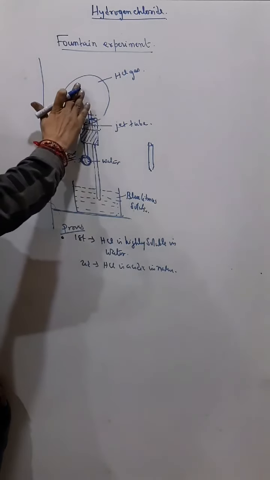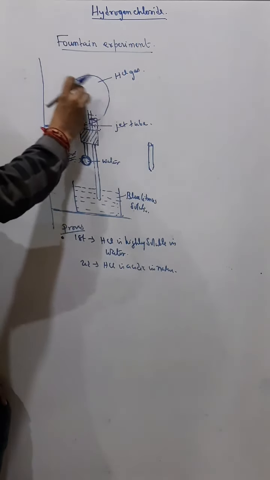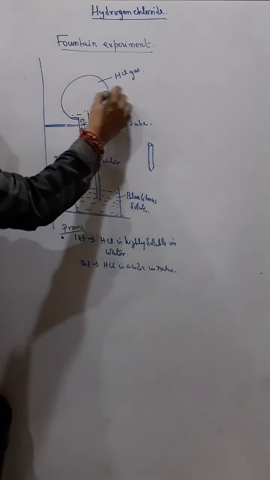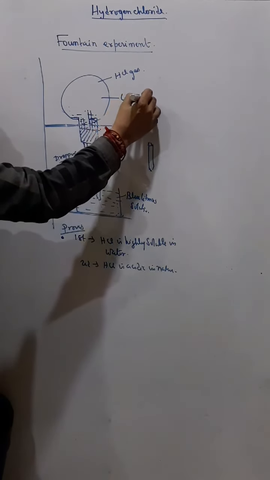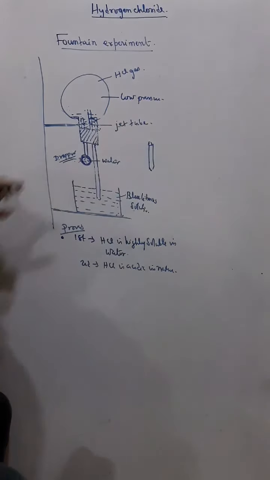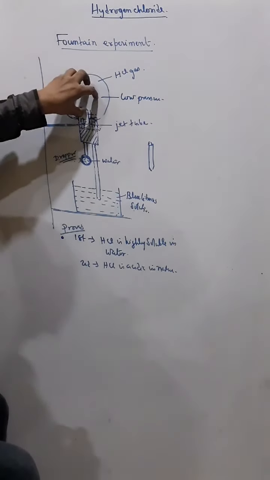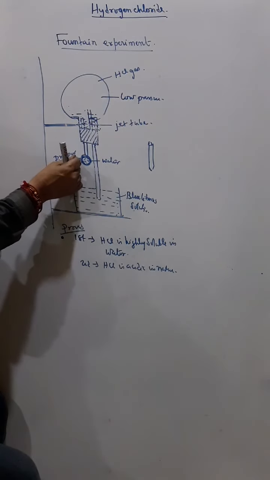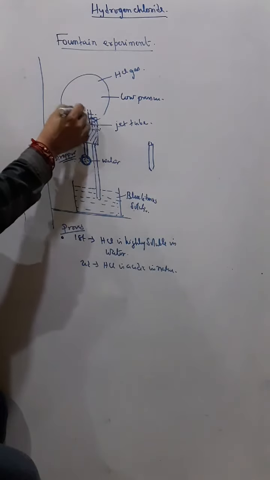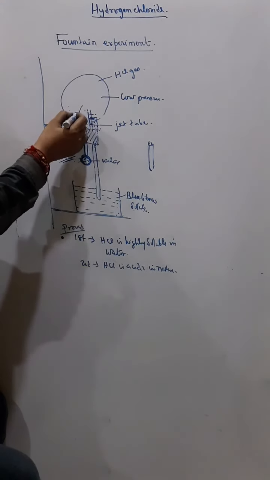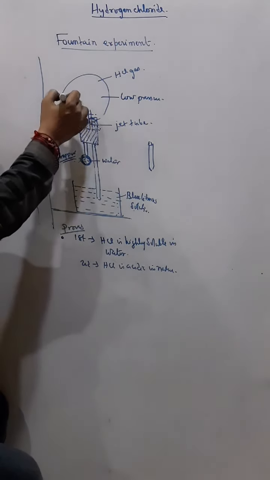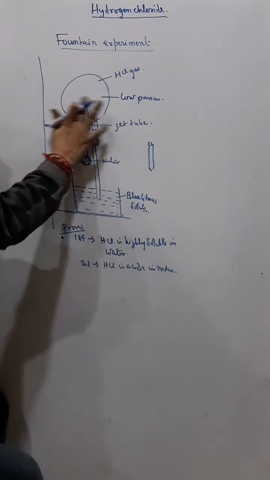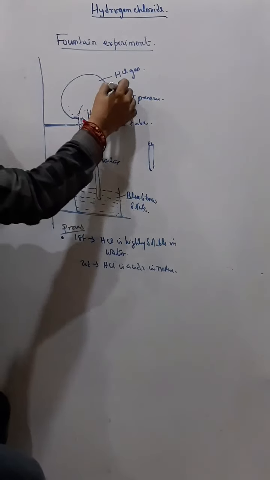Previously it was full of HCl gas, so it was at high pressure. Now, as soon as you press the dropper, that little bit of water is enough to dissolve a large volume of HCl gas, and there becomes a low pressure.